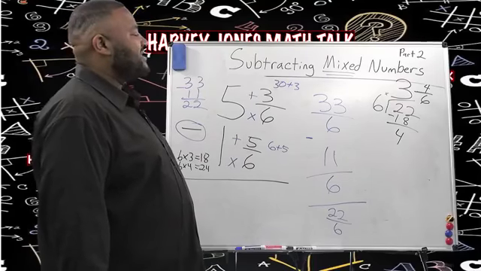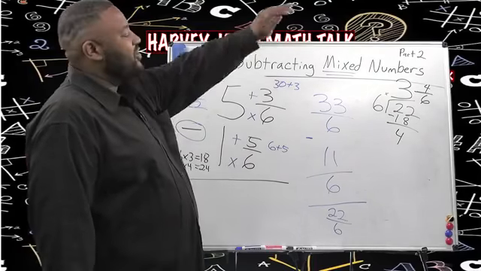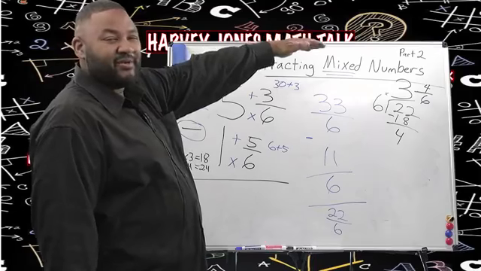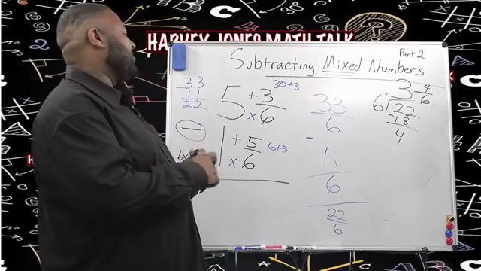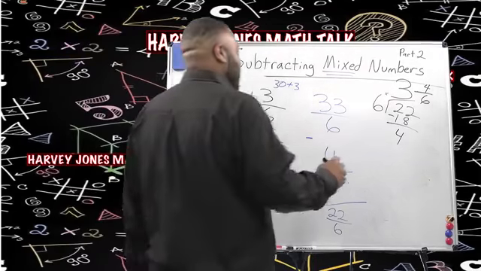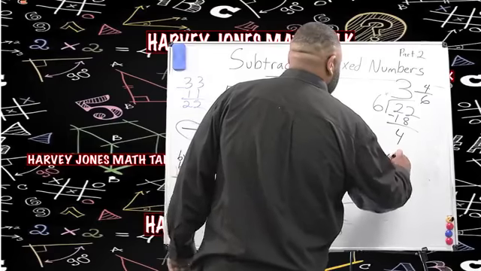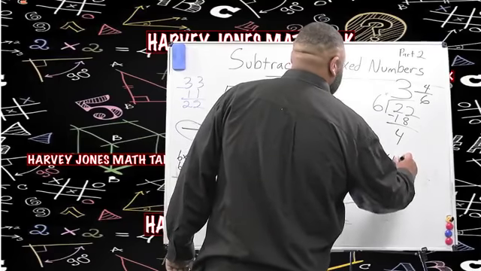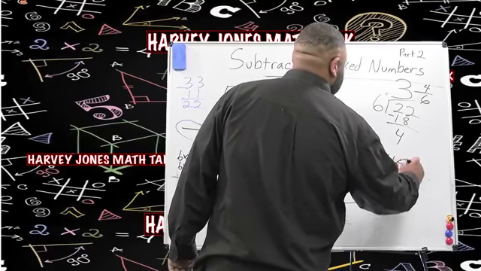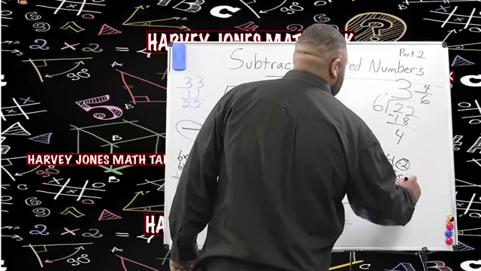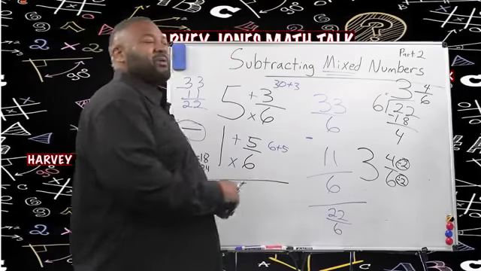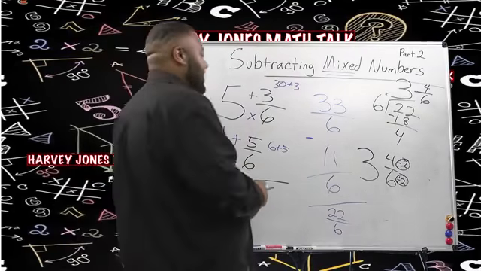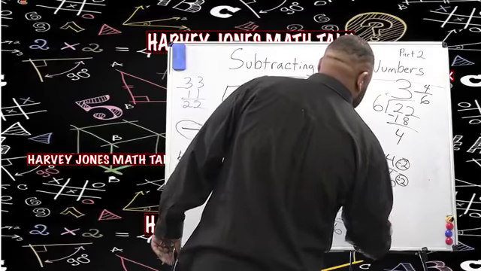Once again, if your numerator is an even number and your denominator is an even number, guess what I'm going to do for my last step? I'm going to bring my 3 and 4/6 down, and I'm going to divide both by 2. Why are you dividing both by 2, Mr. Jones? Because they're both even numbers. You don't mess with the whole number.